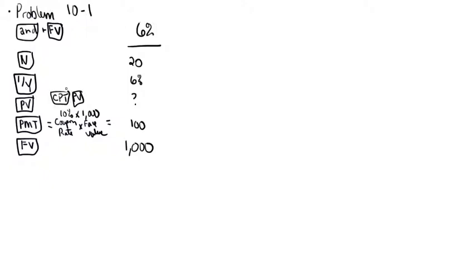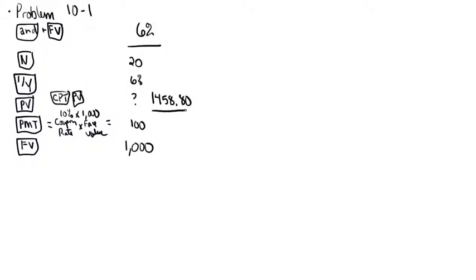So the first thing I'll do is turn my calculator on and press second FV. That'll clear my previous time value of money calculations. Then I'll type the number 20 and N, 6 I/Y, 100 PMT, 1000 FV, and then compute PV, and I get 1,458.80.